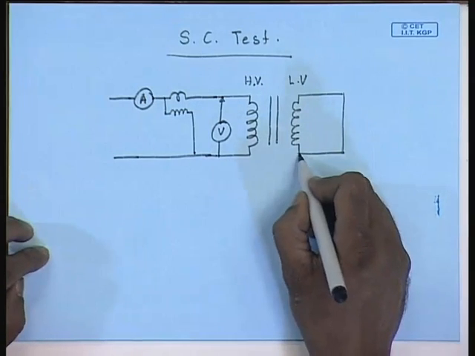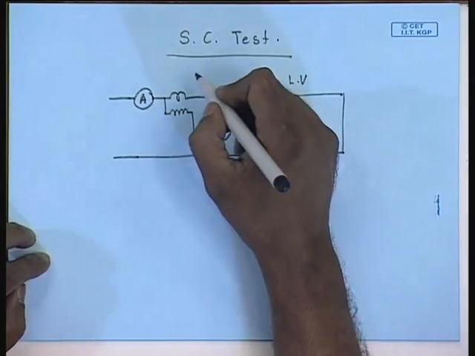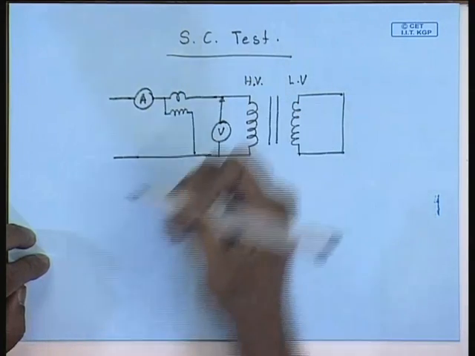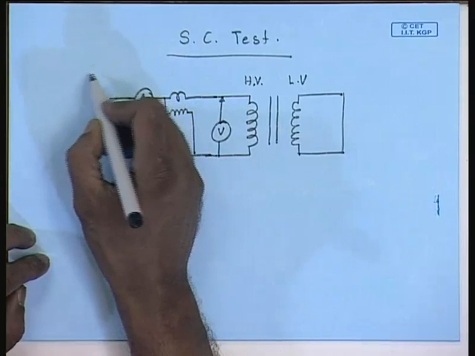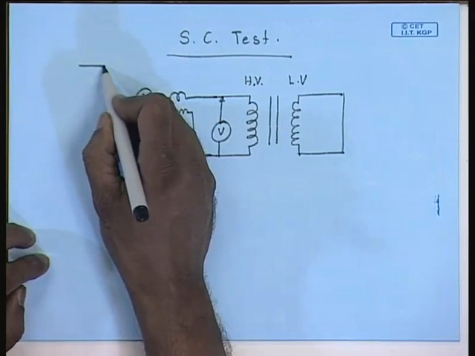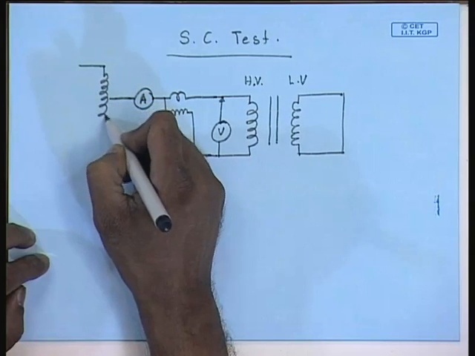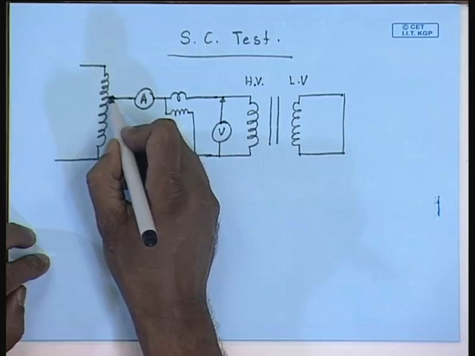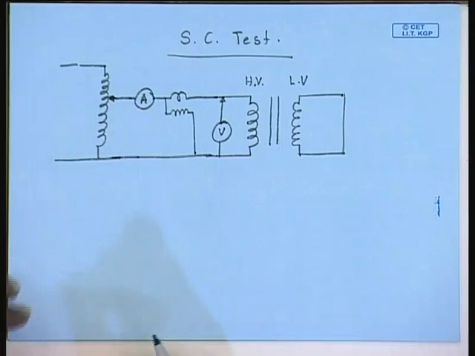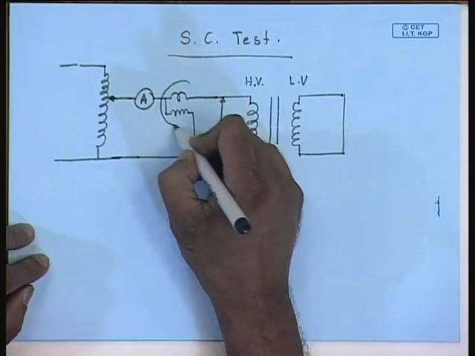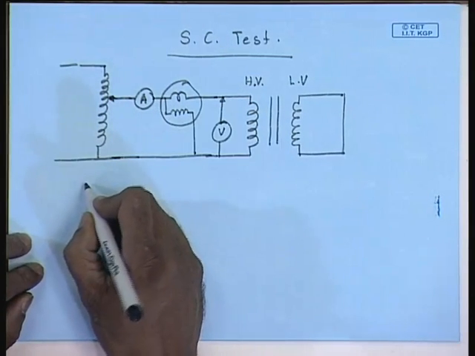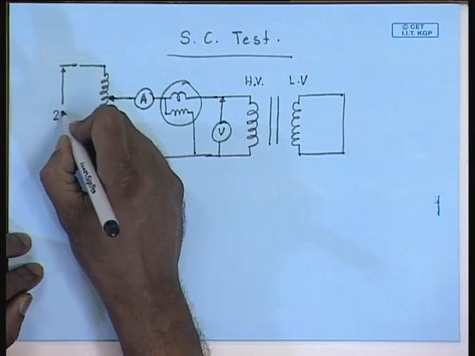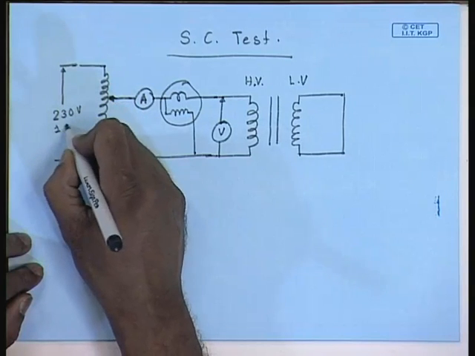Normally, when the transformer is shorted, it requires very little voltage to circulate the full load current. Therefore, this is supplied from a single phase variac. So, the equipment required are, this is the rated 220 volt or 230 volt single phase supply.